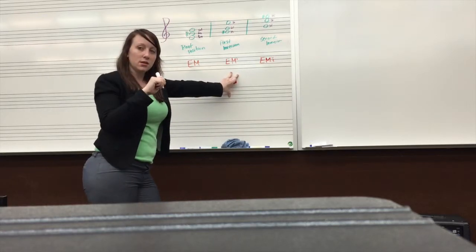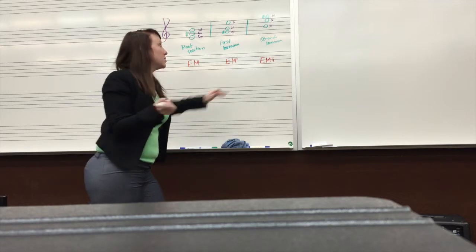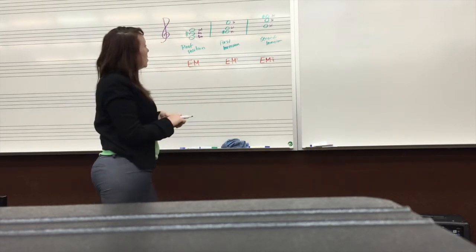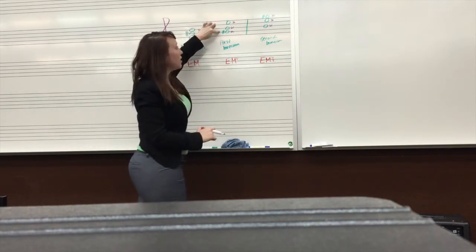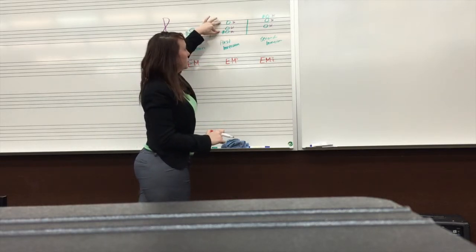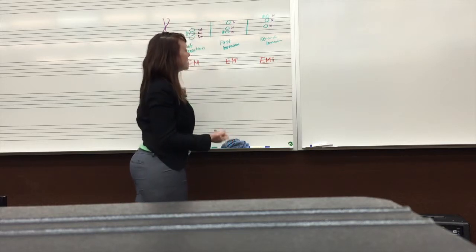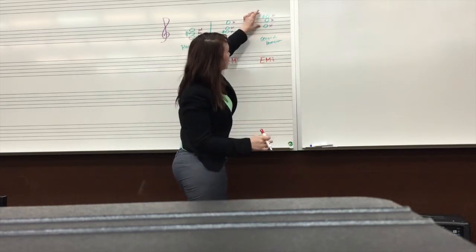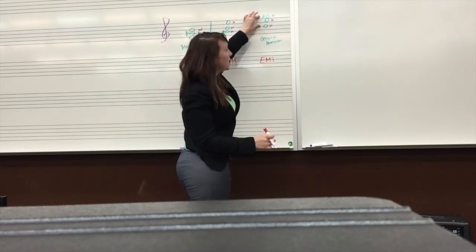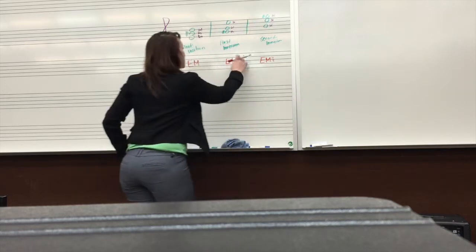Yes? In the inversion symbols, why are they numbers? Like, what do those numbers actually mean? Excellent question. So if you're looking at this one, for instance, the bottom note to the top note is a sixth, right? A G to an E would be a sixth. So that's why we use a sixth. And then in this one, we have a sixth from the B to the G and a fourth from the B to the E. So you just stack them like this.